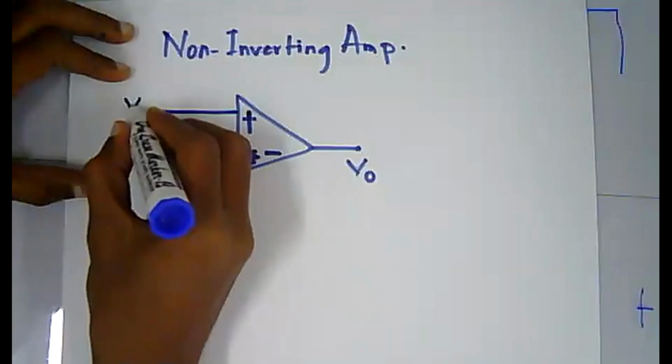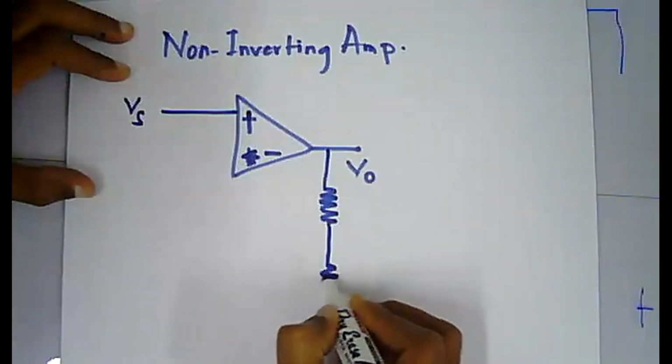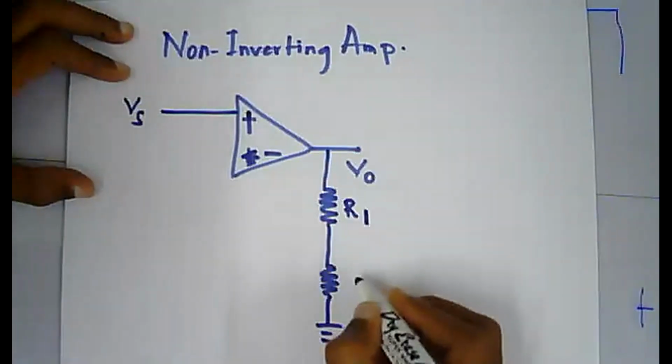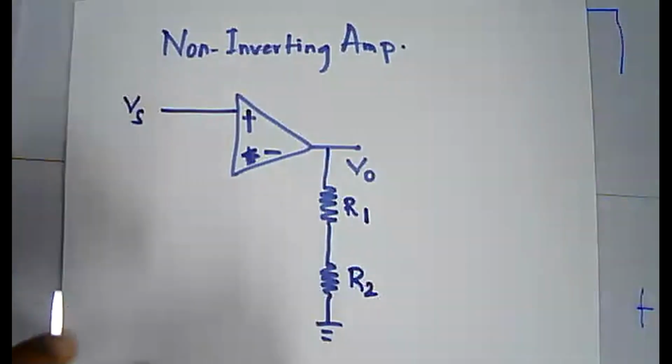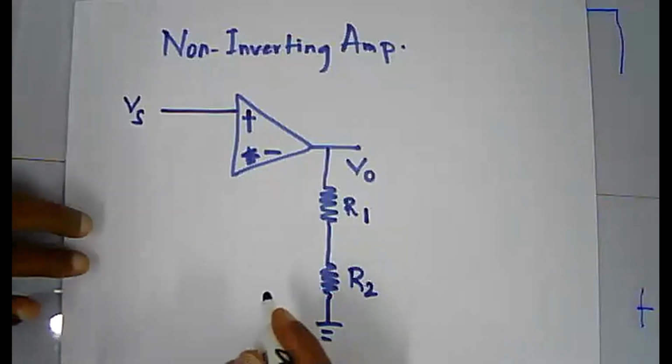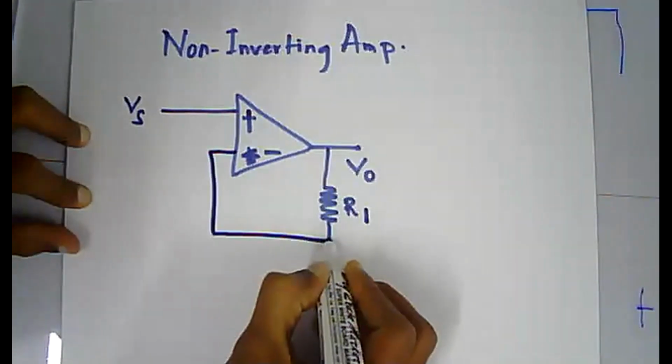Right, so between Vs and V out, you have two resistors, R1 and R2. Can you see the figure? Yeah, and then this is connected here.